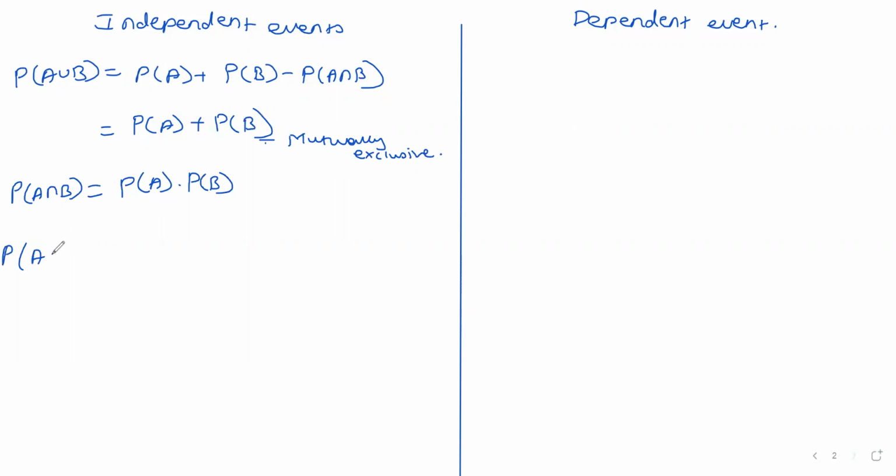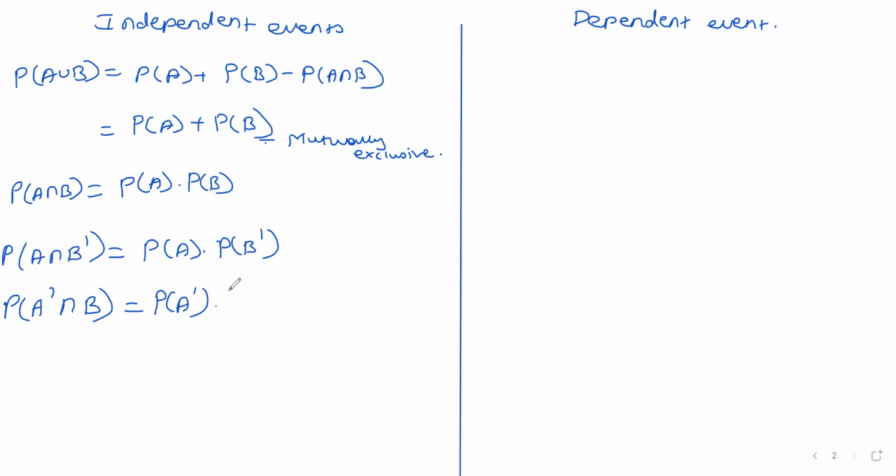Then P of A and not B is P of A into P of B complement. P of not A but B is P of A complement into P of B. P of A complement intersection B complement is P of A complement into P of B complement.